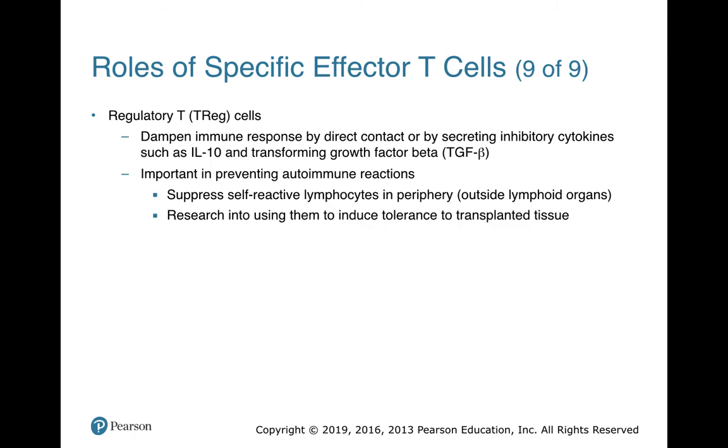They're important for preventing immune reactions. They suppress self-reactive lymphocytes in the periphery if they should escape the education in the thymus. And there is research into using them to induce tolerance so that transplanted tissues can survive without as much immune suppression.